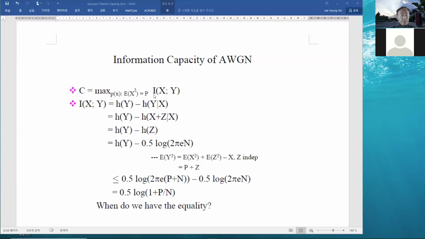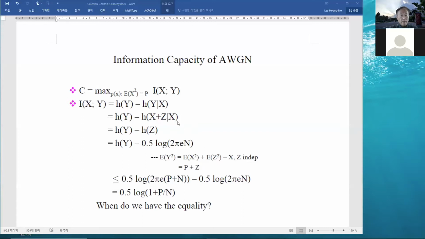And this maximization is for mutual information, as we have done. The mutual information between input and output of the channel is h(Y) minus h(Y given X), and h(Y given X) can be written as h(X plus Z given X).